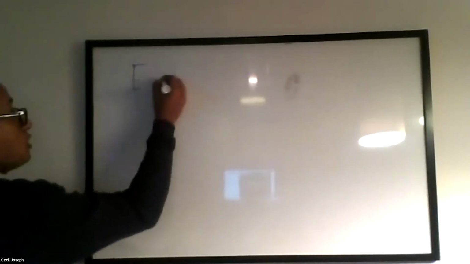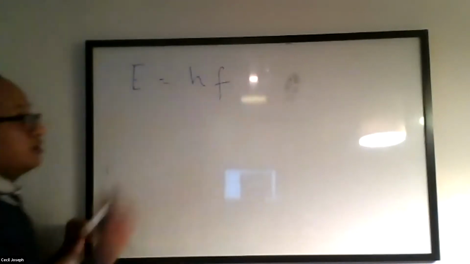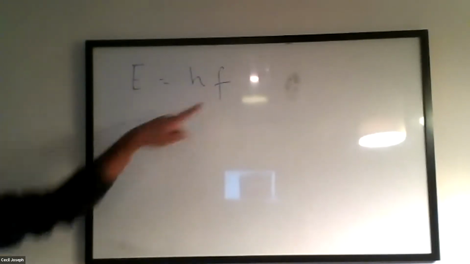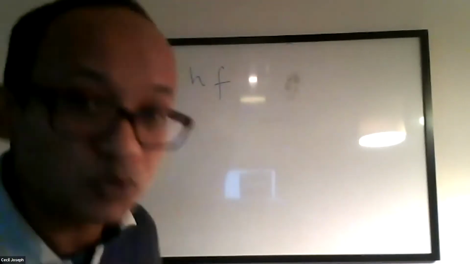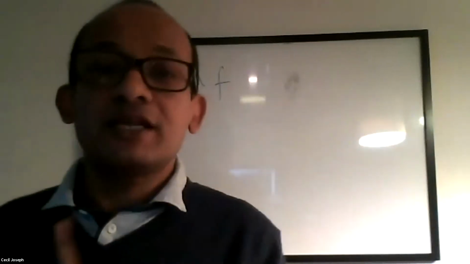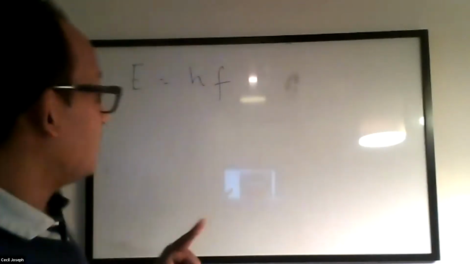Photons. The energy of a photon is hf, so it depends on the frequency of the photon. Now, we've been treating this photon as a particle, and obviously a photon has no rest mass, so to speak. It is a packet of energy moving at the speed of light. It has, however, got a momentum.